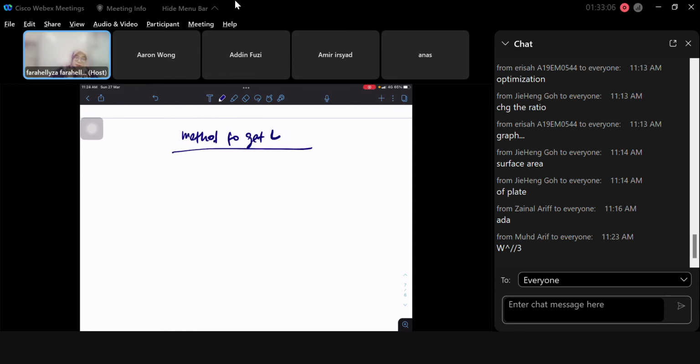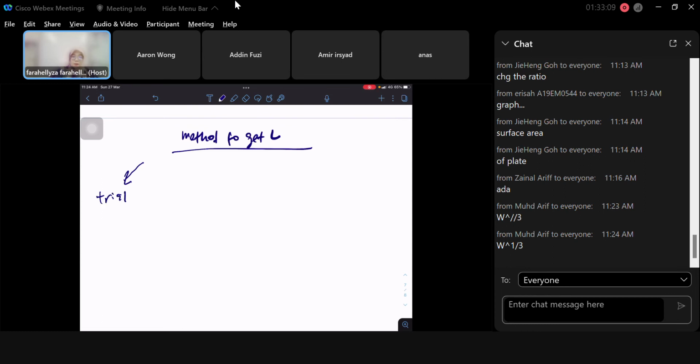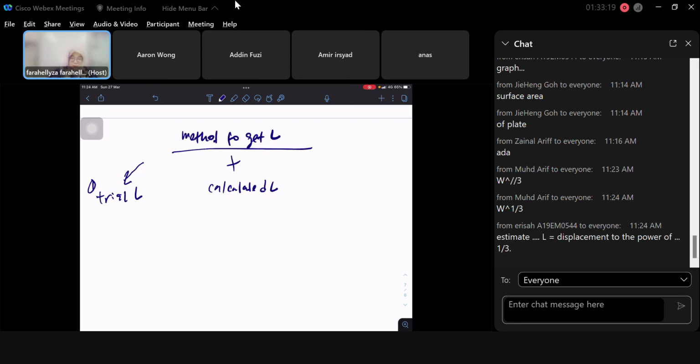So the first is trial L, where you select any L. Second is calculated L. Of course I'm not going into detail on this one. I am so sorry for those coming from SKMO, but you can always refer to my literature from SCMO. So for calculated L, you have L times B times T, 2544, and then you change this to L upon B, B upon D times T upon D, 2544.